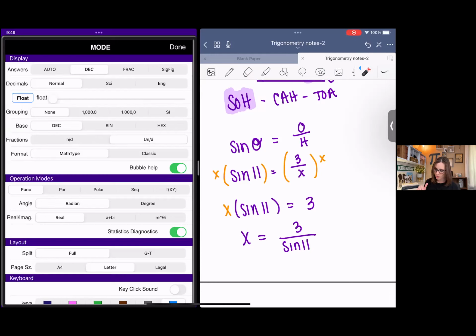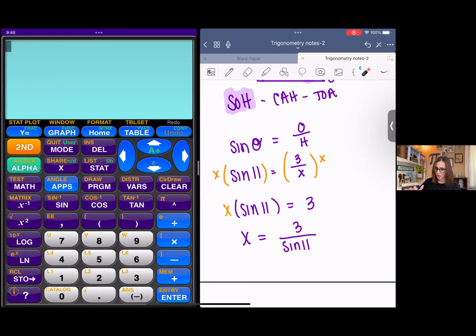Mine's way down kind of in the middle. Right now I have it in radian mode. I'm going to click degree and then done. On your calculator, if you have a handheld calculator, you might have to do a second mode, which is quit, to get out of there. And now I'm in degree mode. So I'm going to type in 3 divided by sine 11. And I get about 15.72.